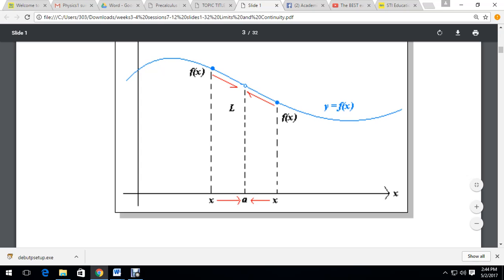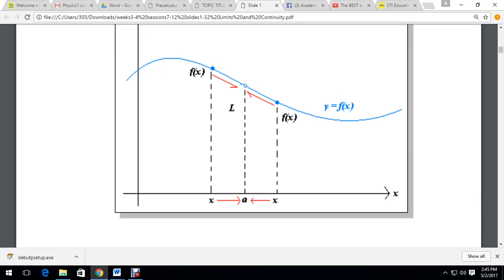So for example, if delta is equal to 1 and a is equal to 2, then this point above a is the point 3, since delta is equal to 1. And this point here is 2 minus 1, which is equal to 1.